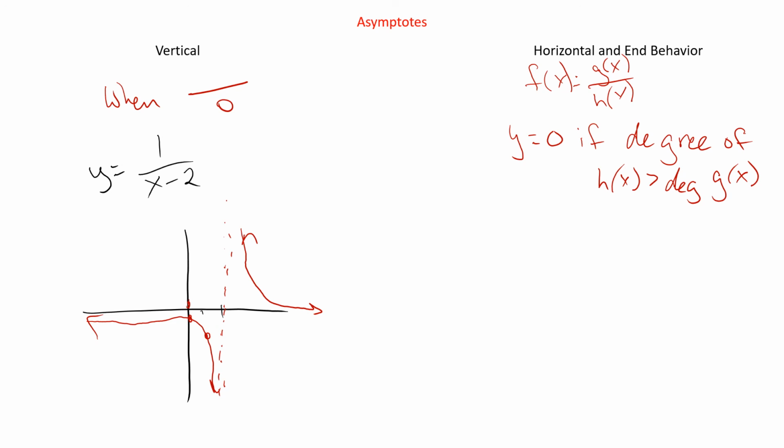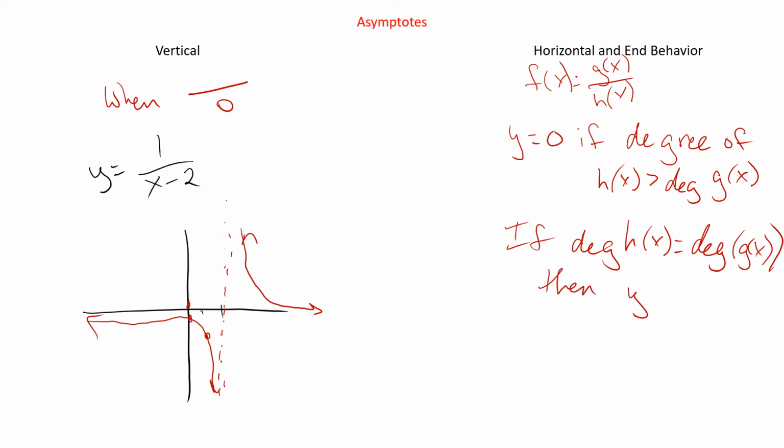If the degrees are equal, if degree of h of x equals degree of g of x, then the horizontal asymptote is y equals the leading coefficient of h of x over the leading coefficient of g of x.